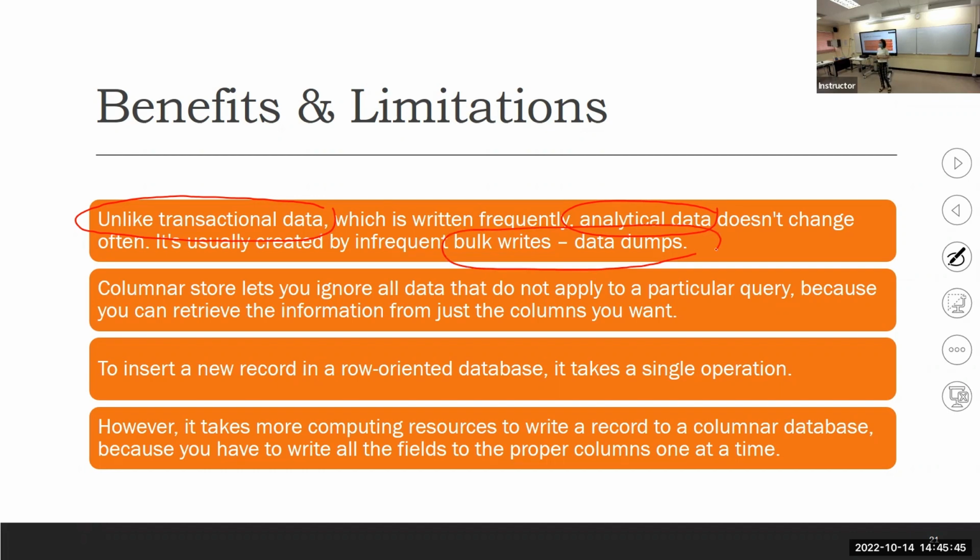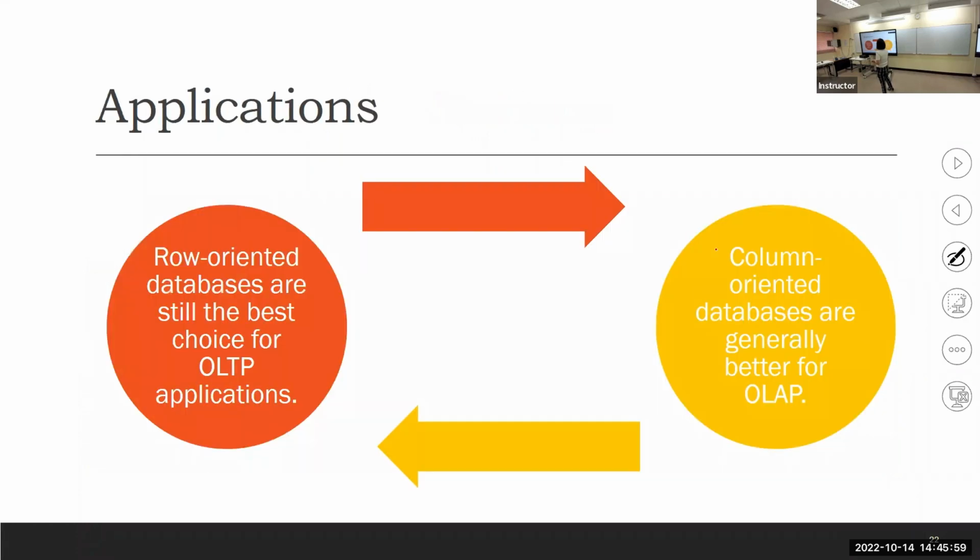And that is where perhaps column family or column-oriented operation could be a suitable solution. So a row-oriented database could be more suitable for a transaction processing system. A column-oriented one could be more suitable for an analytical processing system.